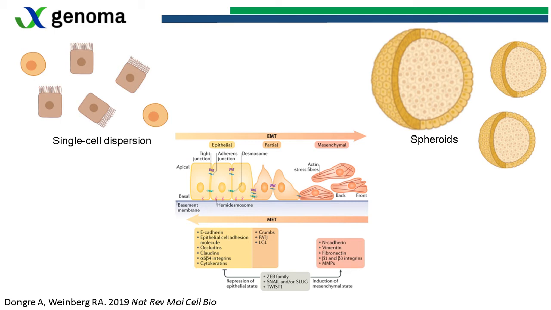Basically, all the hepatocytes are going to be in close contact with each other, and they will eventually retain this epithelial phenotype. So instead of using single cell dispersion within hydrogel, can we use hepatic spheroids and disperse the spheroids within the hydrogel to make a more functional liver tissue? That's something that we decided to investigate, and we got very interesting results.